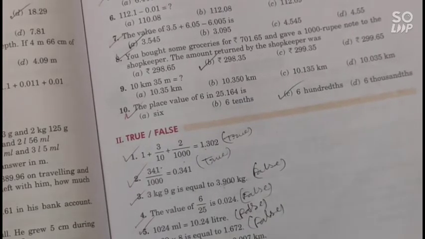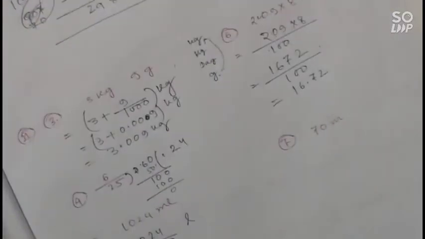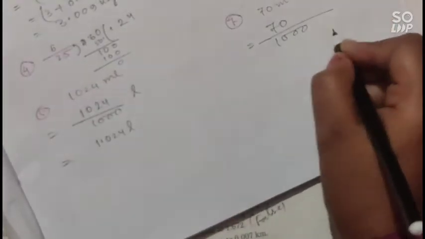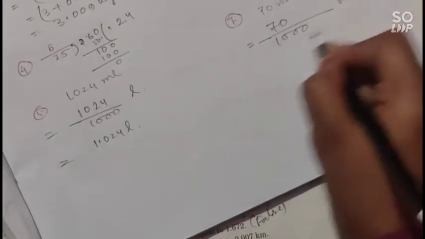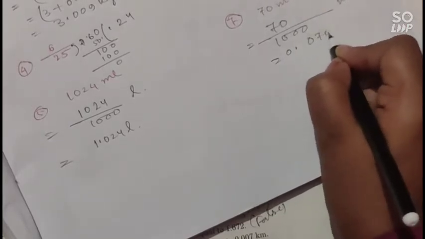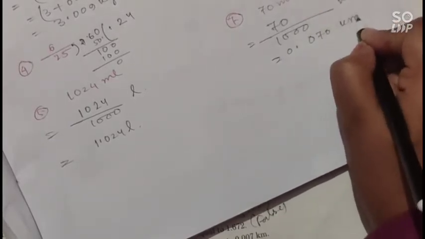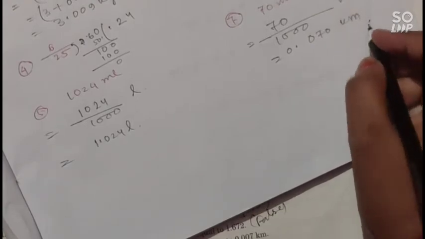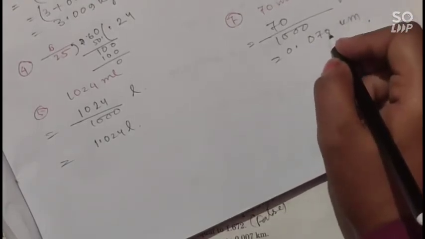Next one. 70 meter is equivalent to this much kilometer. 70 meters. So you have to convert this into kilometer. That is, you have to divide by 1000. This much kilometer. So 0.070 kilometer.